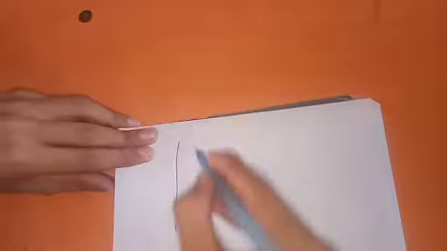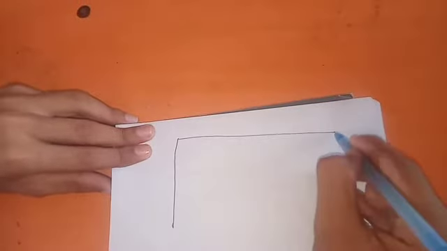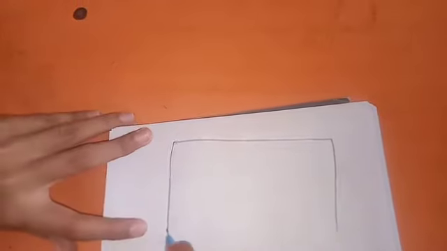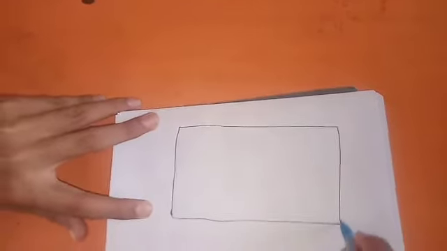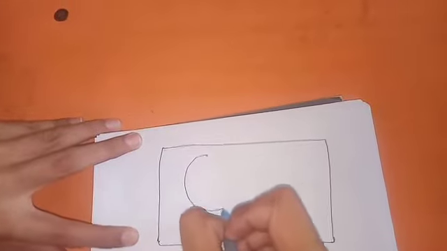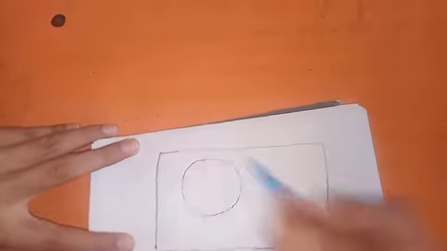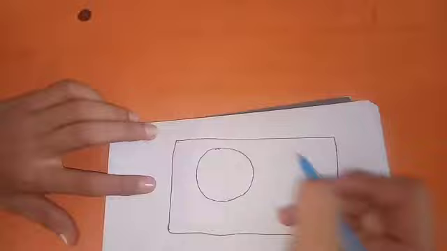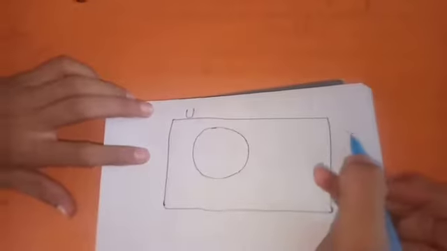Okay, so this will be a Venn diagram. Okay, it is our universal set.